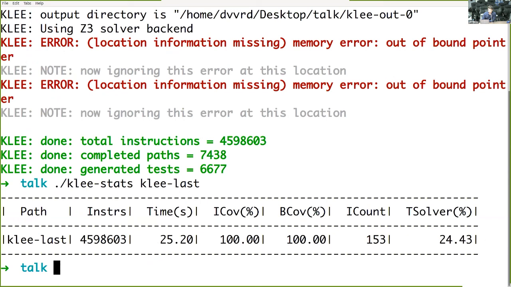This is the number of instructions executed by the engine. This is the time taken by the engine. And this is the resulting coverage. So klee has managed to infer tests that exhaustively cover every instruction and every branch of this program. And the time taken by the SMT solver is 24%. We may even look at these inputs.